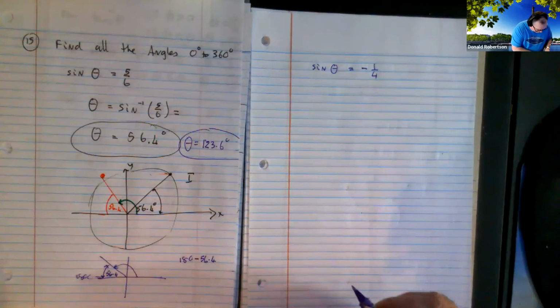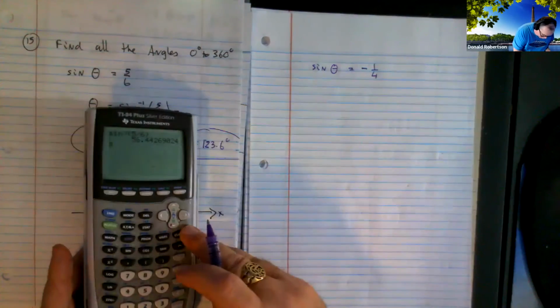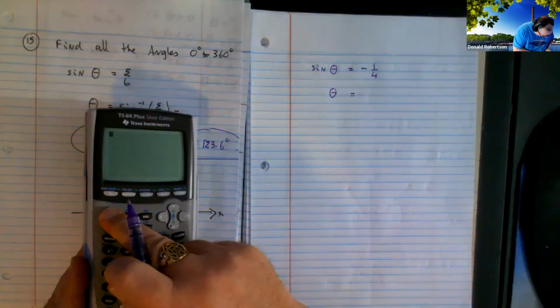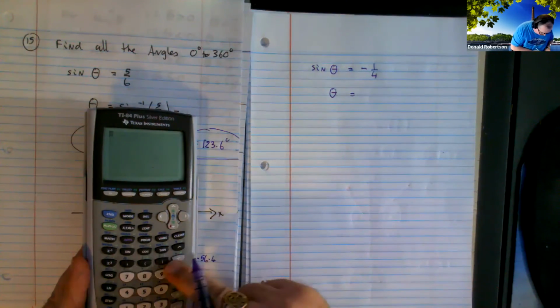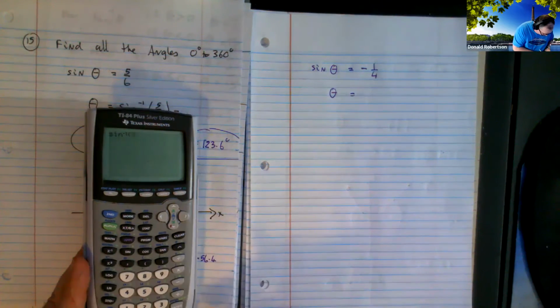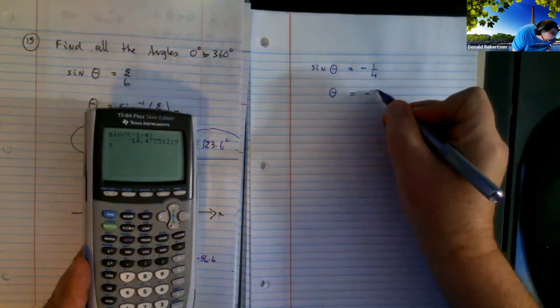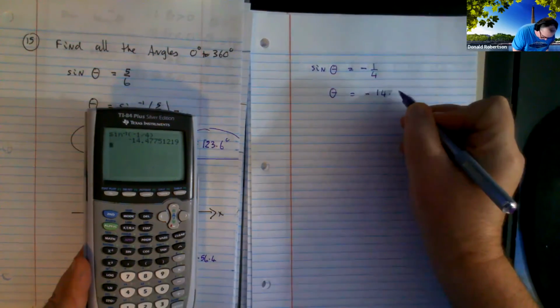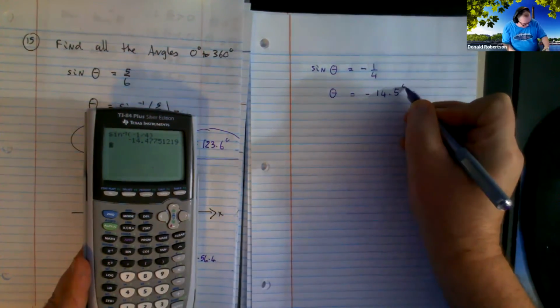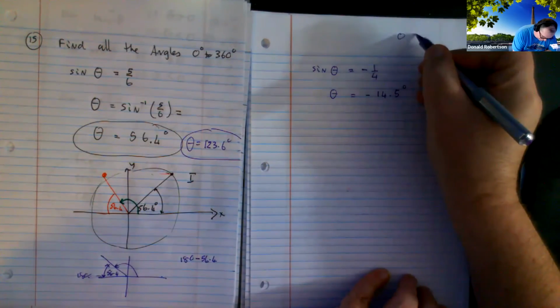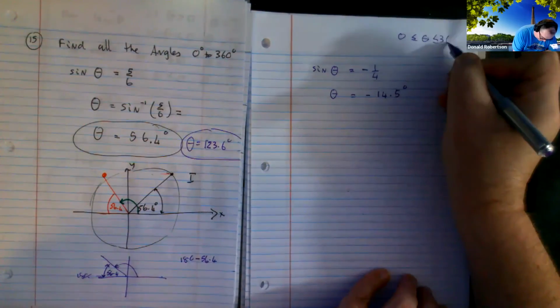Well, I'll go to my calculator and hopefully I'll get one of the answers, although I'm going to have to tweak it. The inverse sine of negative 1/4 ends up being negative 14.5 degrees. I've rounded it off. But that is not in the range 0 to 360.